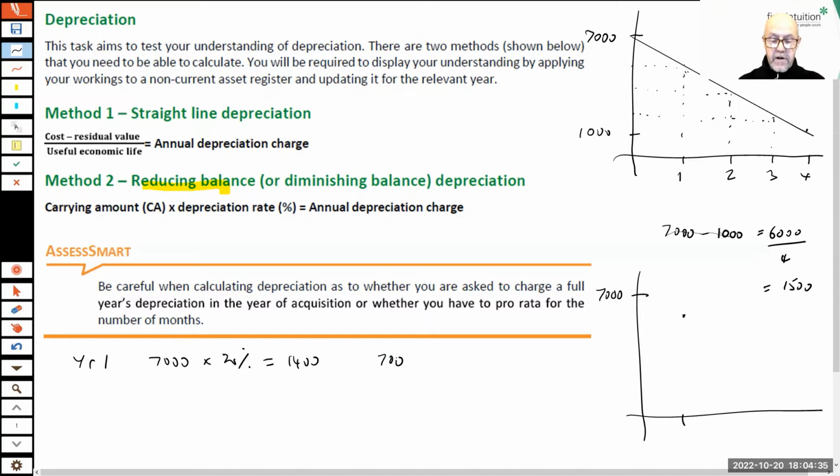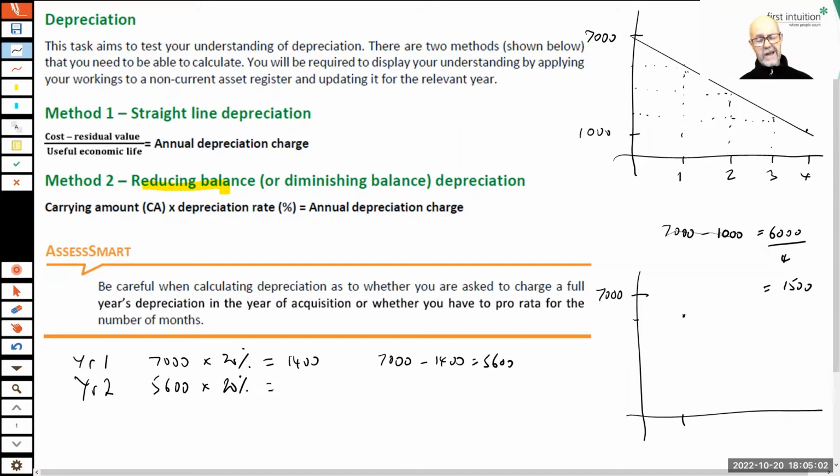At the end of year 1, it's going to be worth £5,600. Year 2, £5,600 times 20%.